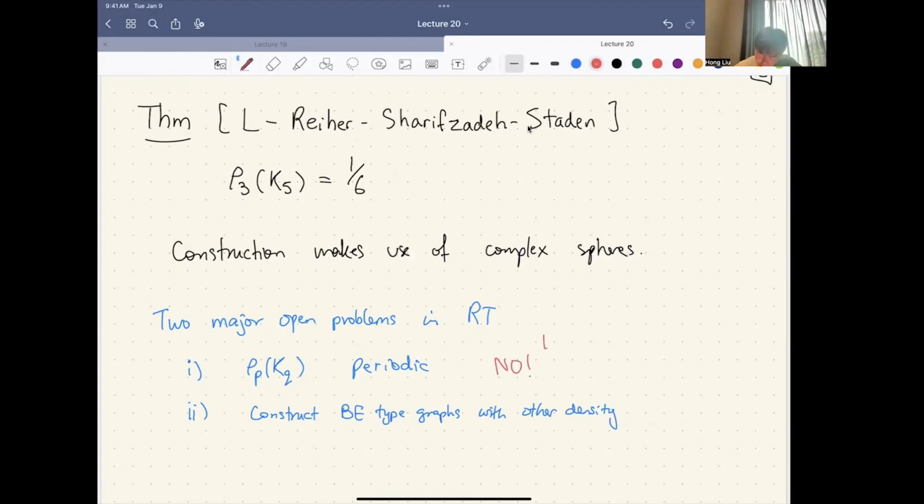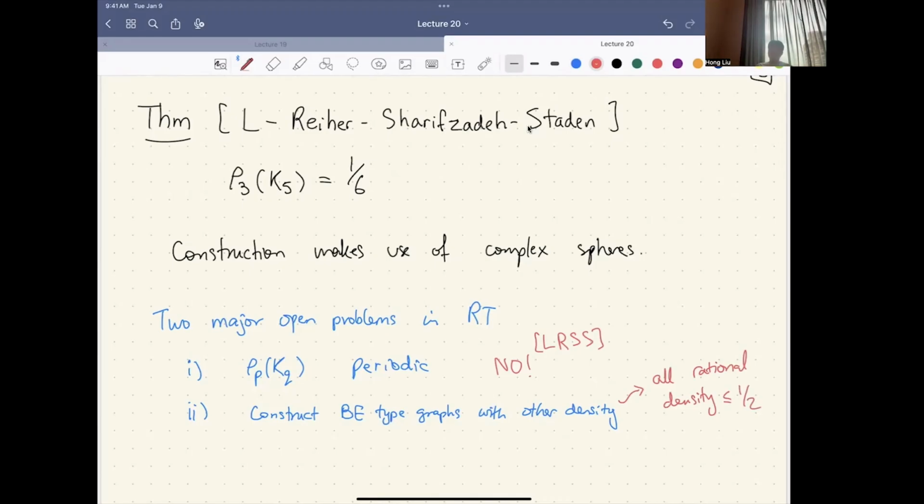This is in our paper, LRSS. And here we can achieve all rational density up to half.